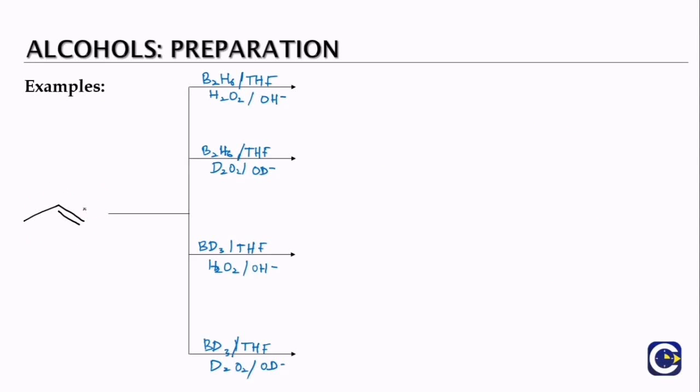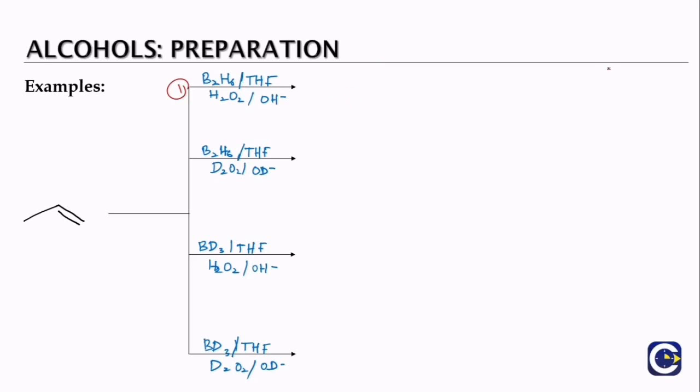Here we have taken a simple alkene, and we have four different conditions, four different reagents in this reaction. In the first instance, we are going to react this alkene with diborane in tetrahydrofuran, followed by hydrogen peroxide and hydroxyl ions. So what will be the product?